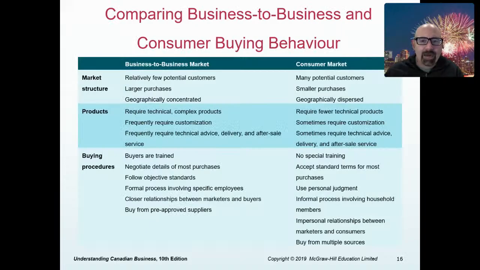So let's look at buying behavior in B2B and B2C. If we look at market structure in B2C, we have a lot of potential customers. We have the whole world, people buying stuff for themselves to use. That means they're probably going to buy less than a big company.